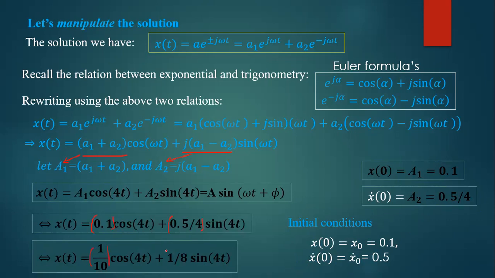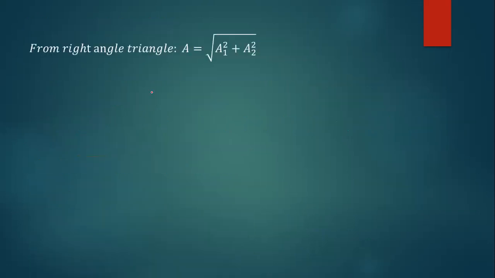Actually, we can separate it like this. We can represent the solution in a single cosine or sine function rather than both sine and cos, because sine and cos differ only by a pi over 2 phase difference. So we can represent them in terms of one constant, and this constant is equal to the square root of A1 square plus A2 square.